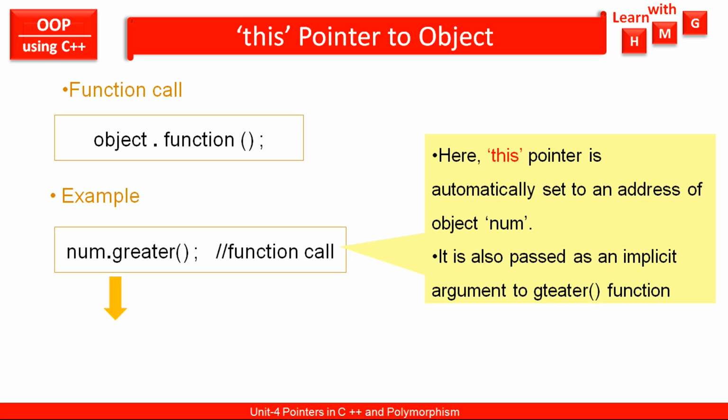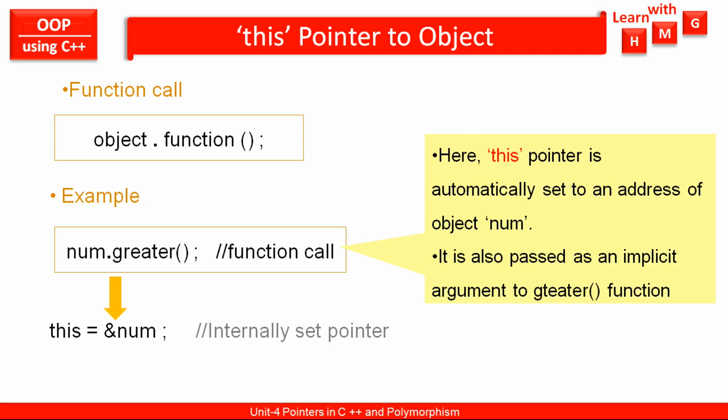So the operation will be performed internally like this. this is equal to ampersand num. So whenever any pointer is initialized with an address, then the general syntax we are following, that is pointer is equal to address of object or address of variable or address of an initial element of an array, etc. So the same format is used here also, that is this is the name of the pointer which is fixed and it is initialized with the address of the object.